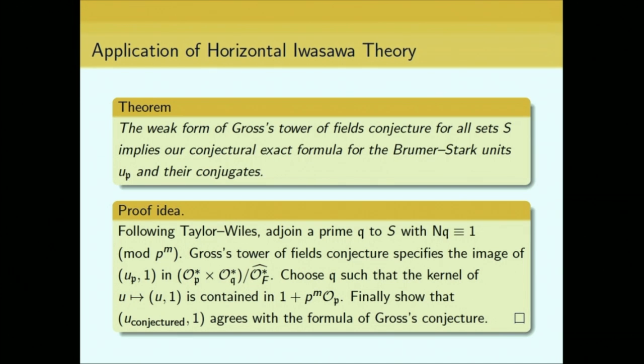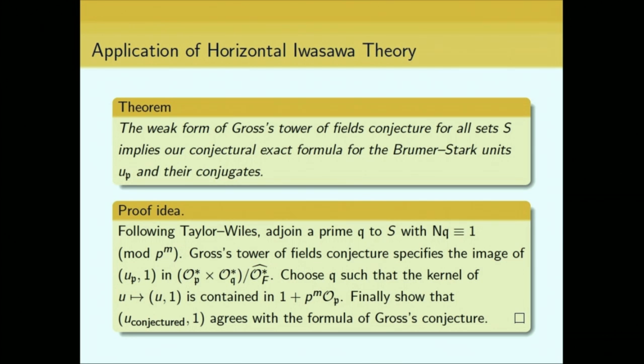To address Chris's question earlier, U_P doesn't depend on L. So even though I've thrown in this extra prime into S and have a bigger extension L, what Gross's conjecture tells me is that the local component, if you look in the adelic description of the Galois group of L over F, has a 1 in all the places outside of P. If I had more than one prime Q, it would be U, 1, 1, 1, 1, 1, in the product of the local completions of the ring of integers of F at those primes, modulo the topological closure of the global units.